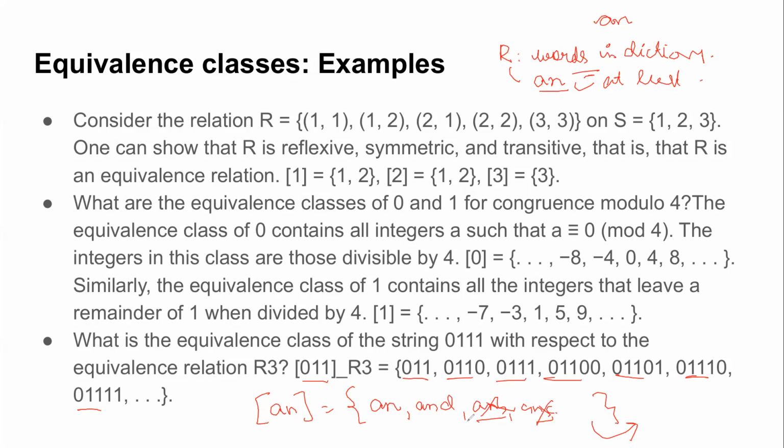So in general it would be meaningful words like ANI or ANBE, or say anonymous, anger, whatever words start with AN but are also part of the dictionary. That is important, because that's where the relation is drawn. This was just to show you that it's not just about numbers. It can be anything which can be represented as a set, where we have a valid equivalence relation defined on it. Is this clear?